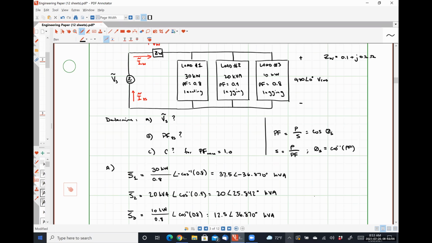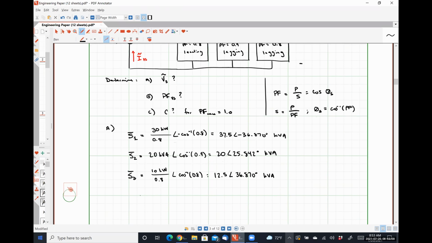So our total power then, I'm going to call this S comp for the composite load, is just S1 plus S2 plus S3.